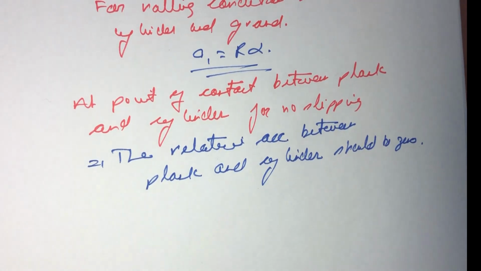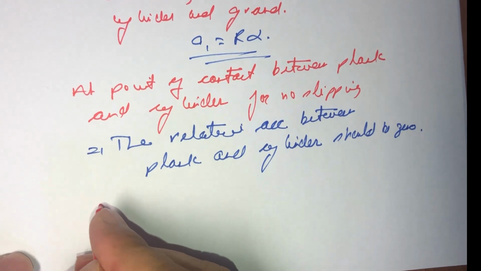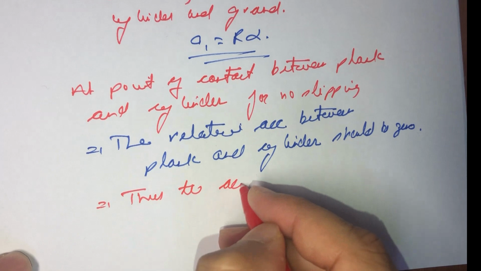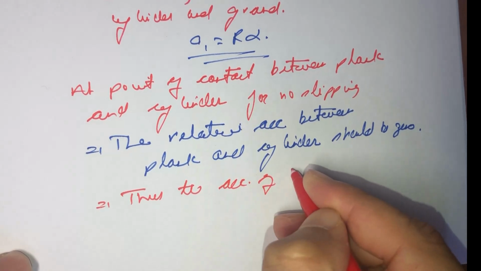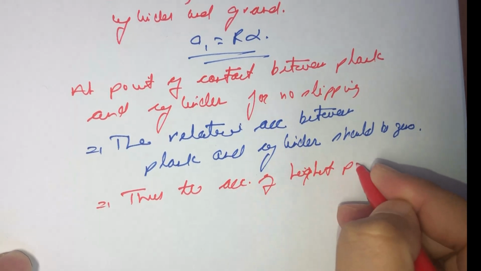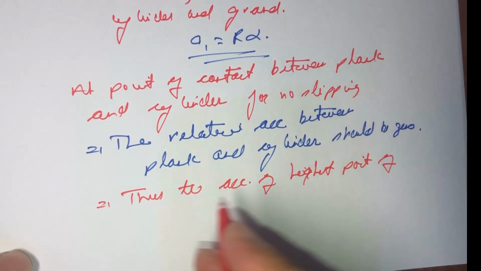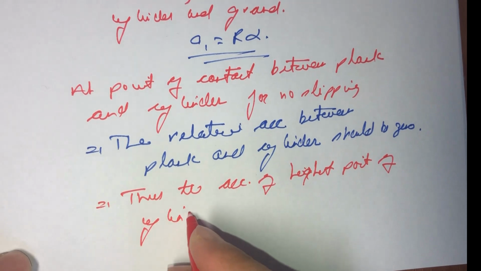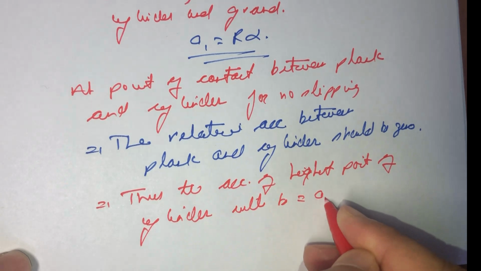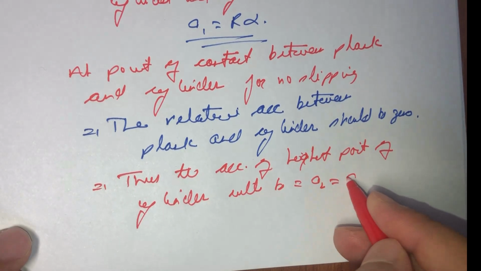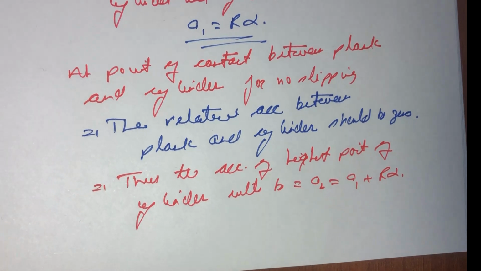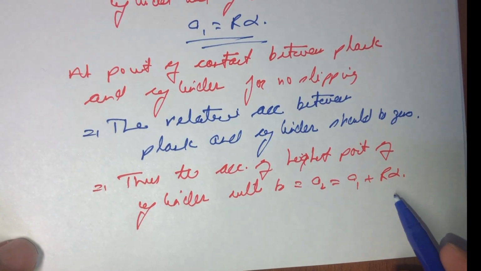So we can say the acceleration of the highest point of the cylinder will be a2, which equals a1 plus R into alpha, and R into alpha is our a1.